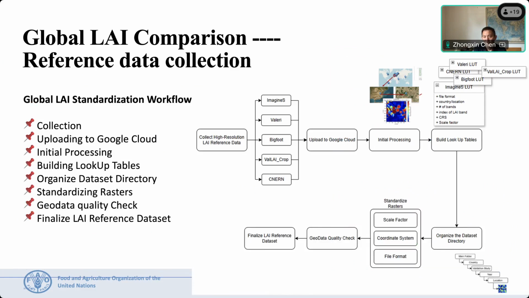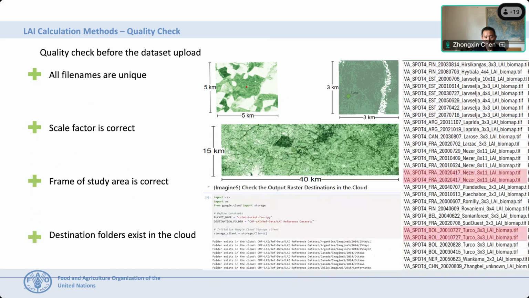So we collect the data and upload to Google Cloud and build up the lookup table, and then standardize all the products. And then we have this reference dataset for validation. That's our data product. Right now we are trying to make it available to the users, also inspired by Professor Bradley's idea when we did the GeoAI challenge together.